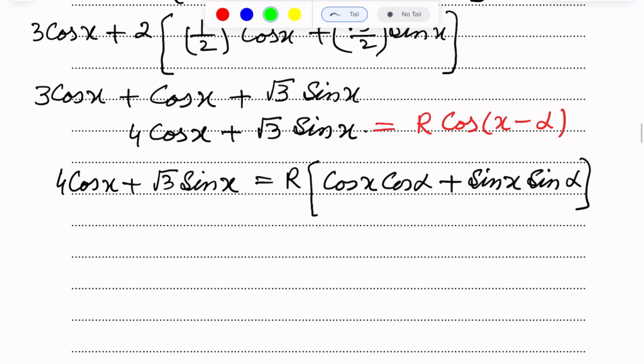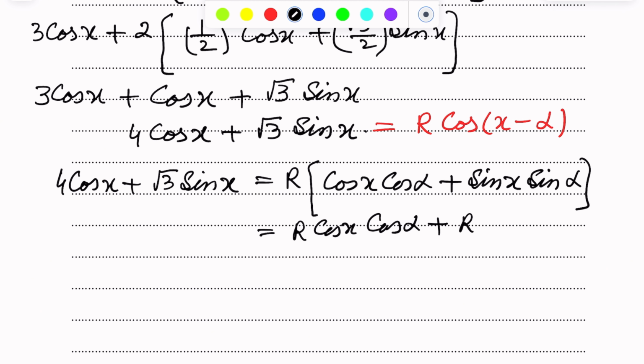Multiplying r by these two terms, we get r cos x cos alpha plus r sin x sin alpha. Left hand side remains the same: 4 cos x plus root 3 sin x.